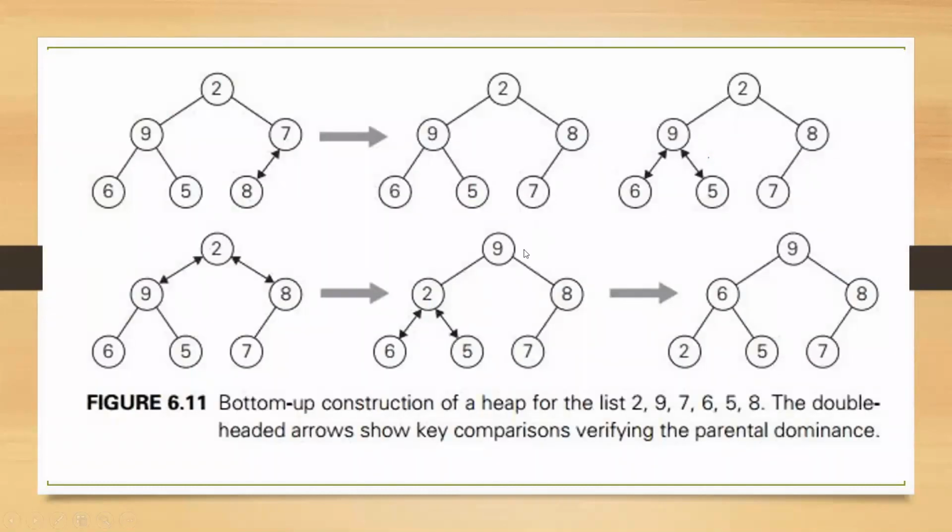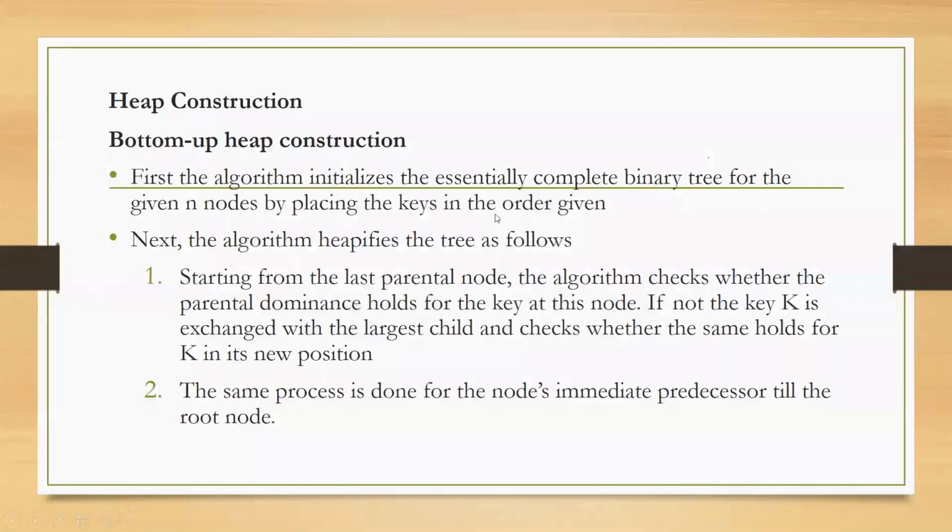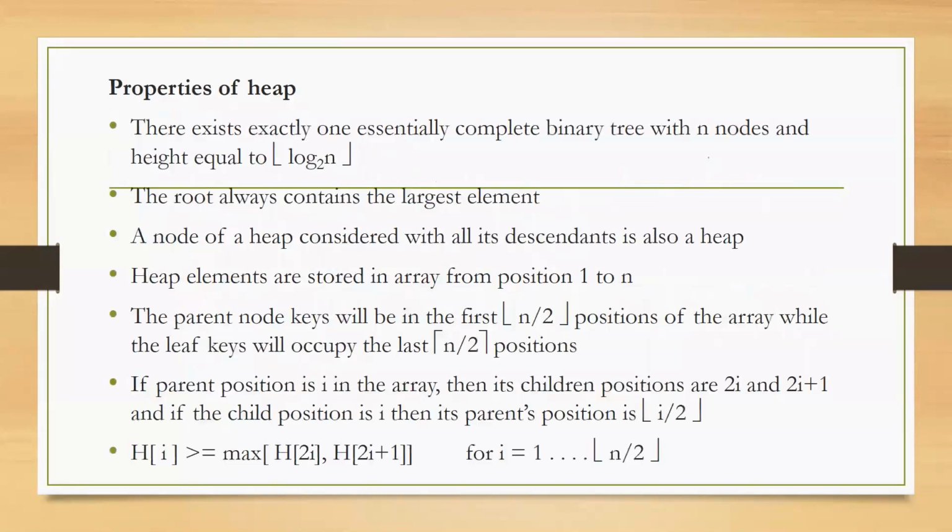Look at this example. The input list is 2, 9, 7, 6, 5, 8. So these are the inputs that are given. Now we have to create a heap based on the bottom up approach. The first step is nothing but the initialization of the essentially complete binary tree.